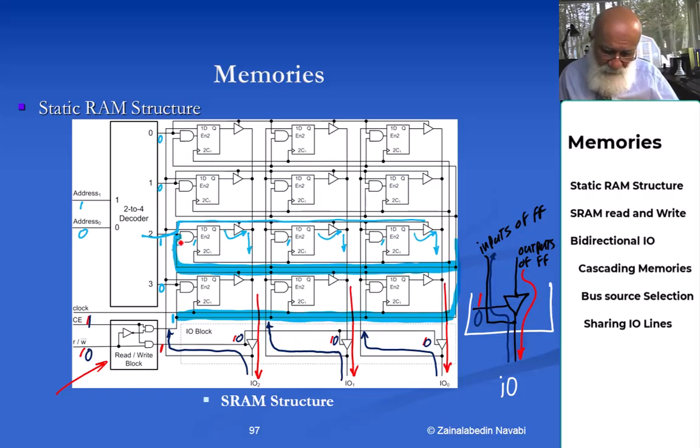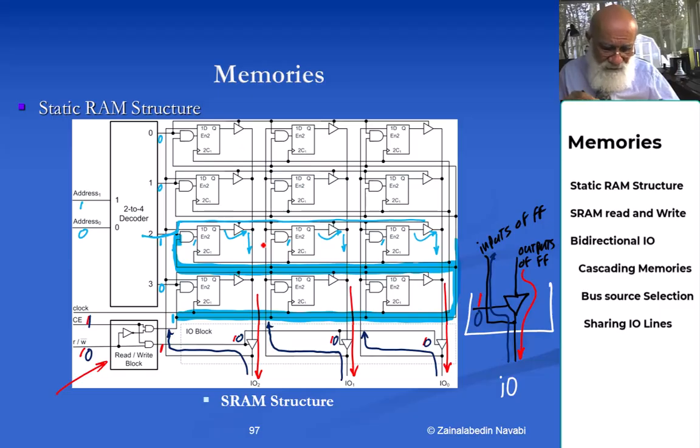Okay. So a 1 here will cause a 1 on the input of the AND gate, and there is already a 1 on the decoder output, and therefore the output of the AND gate for this entire row becomes 1. These becoming 1 enables the clocking for writing into these flip-flops.